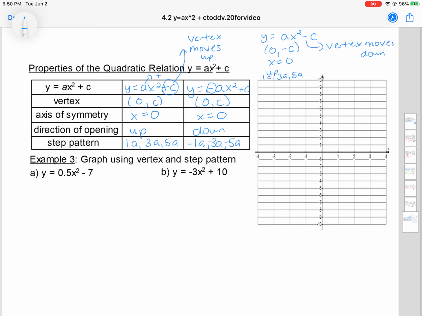Okay, so now again, we're going to do the same thing. We're going to graph using the vertex and step pattern, but we are not going to make a table of values. So how does it open? It opens up because it's positive here. The step pattern we've already done is 1A, 3A, 5A. 1 times 0.5, 3 times 0.5, and 5 times 0.5.